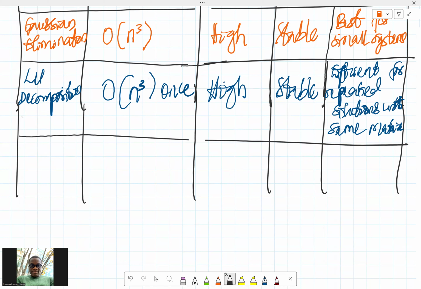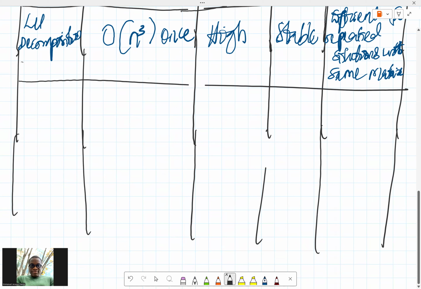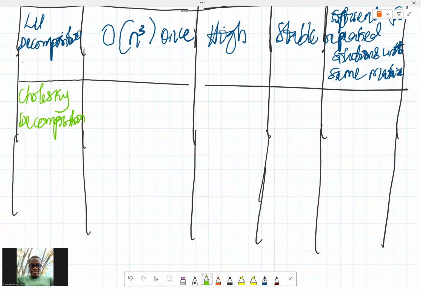So let's go for the next one, which is Cholesky decomposition. Cholesky has a bit of an issue. You have to be sure it meets certain conditions.